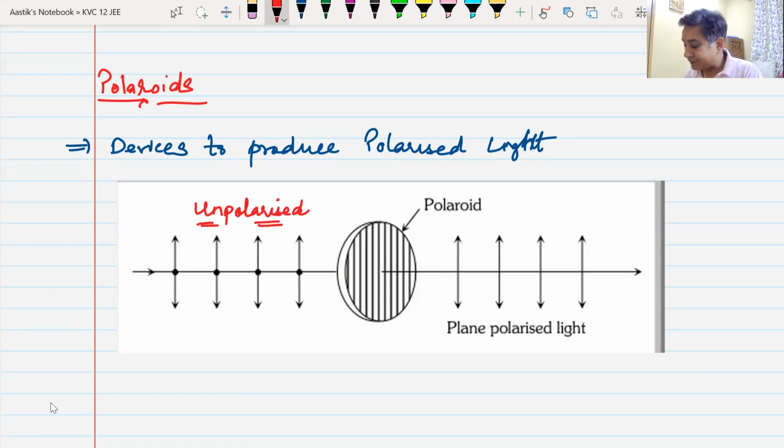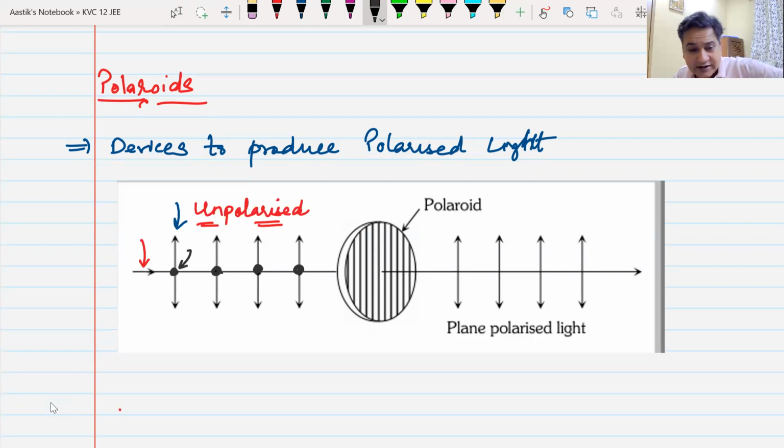This is the direction of propagation. This is your y-axis and this is your z-axis. You can see these dots. So this is an example of unpolarized light. Light is propagating along the x-axis and it has oscillation along the y-axis as well as along the z-axis.